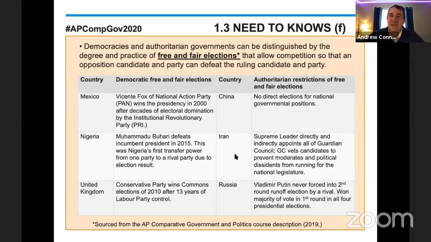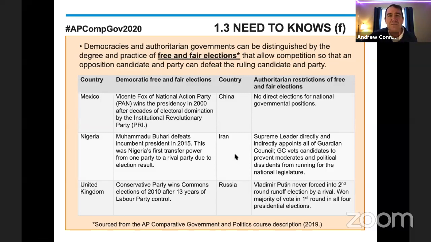And certainly we know that Putin really has never been challenged electorally in the 4 different times he's been elected. And you could argue that Iran has had examples of competitive elections in the past, but really since 2009, Iran has not had competitive elections. It's those hardliners who control what's called the Guardian Council in Iran's government, who vet and eliminate any moderates or any form of political dissent of candidates who might get their name on the ballot.